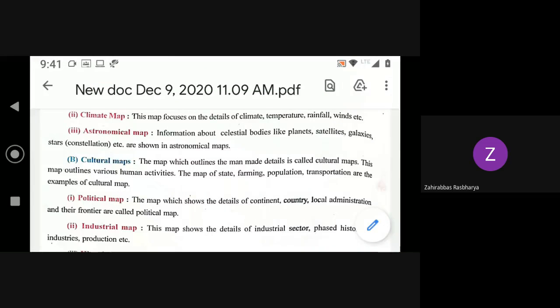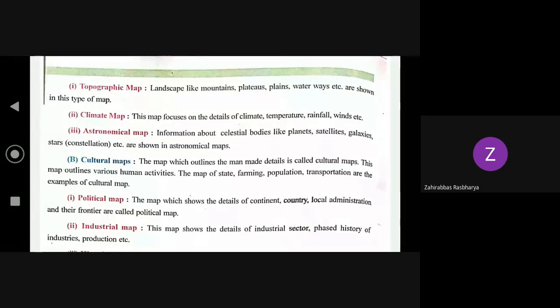Yes, a climate map shows us basically climate, then temperature, then rainfall, then winds, etc. It shows climate, temperature, rainfall, winds, etc.